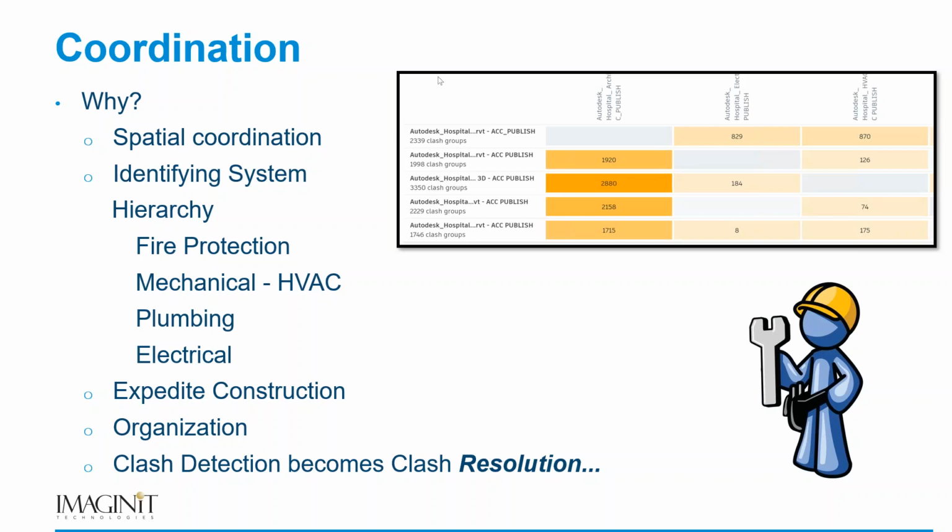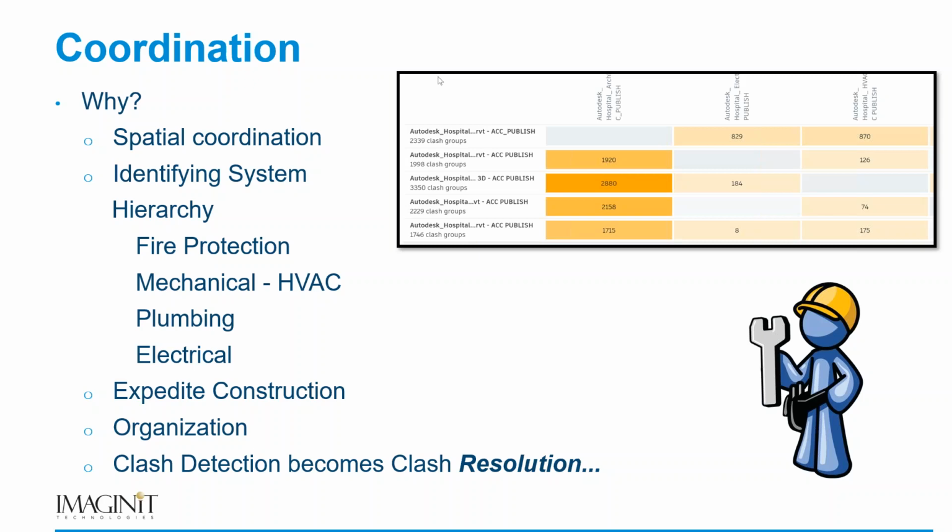On top of that, what does the coordination effort get us? If it's a more streamlined building with fewer clashes and it's a coordinated facility, virtually, we're going to be able to expedite the construction phase, because what does an RFI cause? It causes time. That kicks the can down the road. We have to push out schedules, that induces cost impacts, things like that.